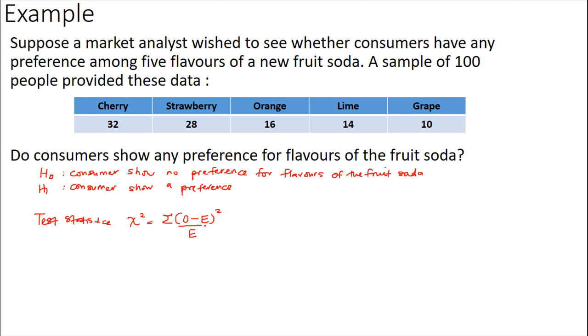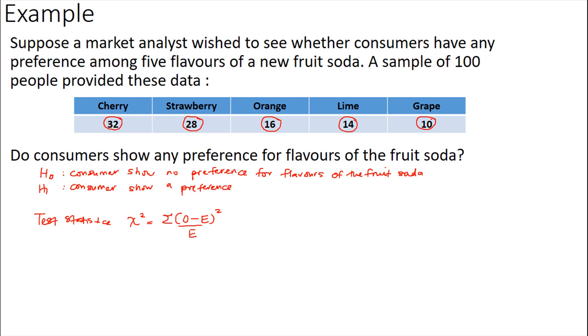Okay, so in this case we have the observed value. This is from the original data, so this is the observed. So what is the expected value for this data? If consumers show no preference for flavors of the fruit soda, that means the distribution of choosing this flavor should be uniform.